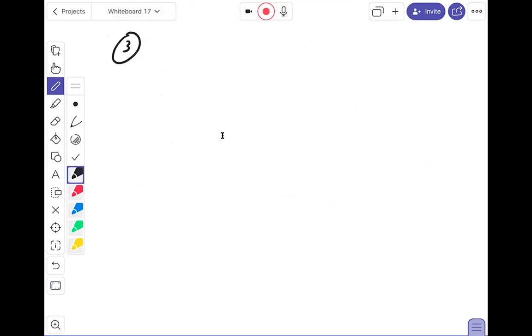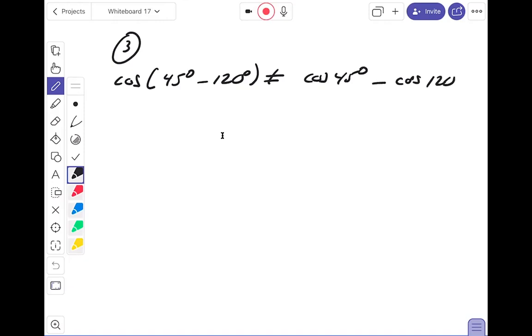And number 3 says, I need to verify something's not true. Well, there are many ways to verify something's not true, but the way I'm going to do it is I'm going to evaluate each side separately and see what happens. I'm just copying at this point. Again, you should be familiar with some formulas.